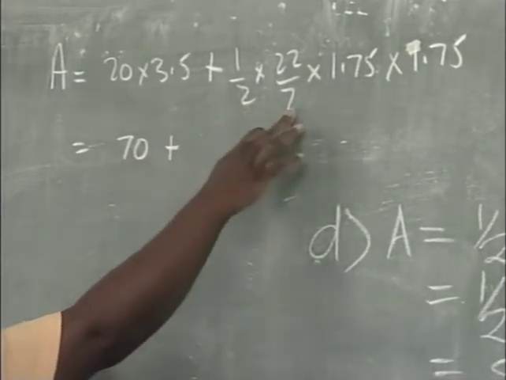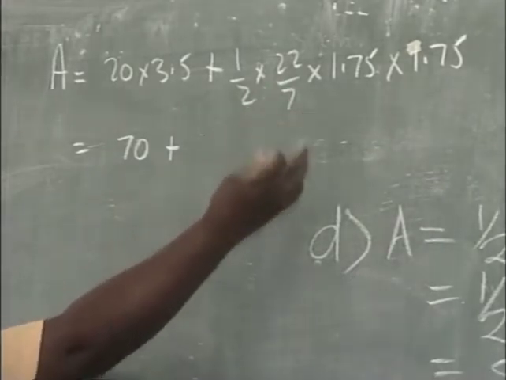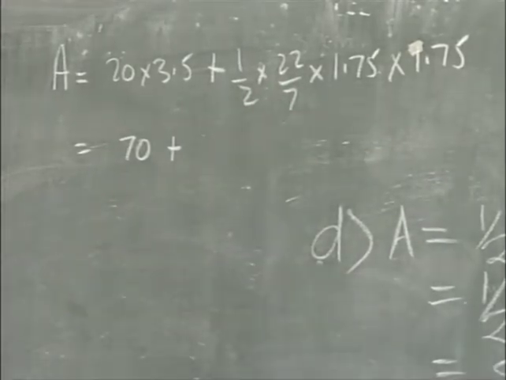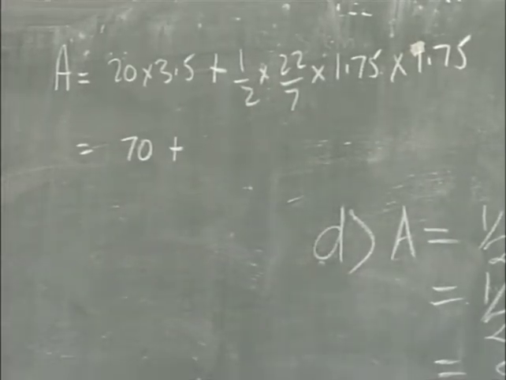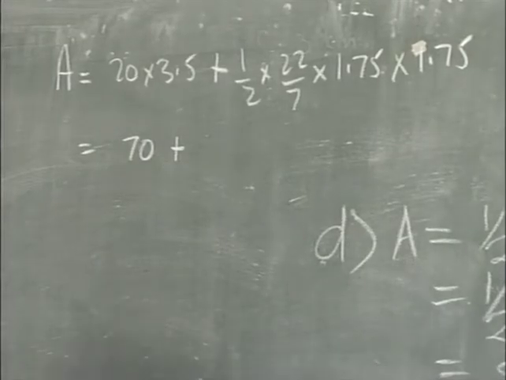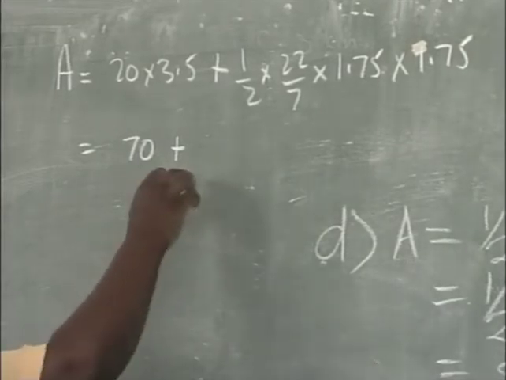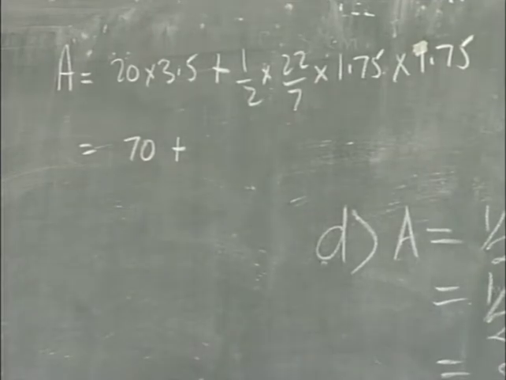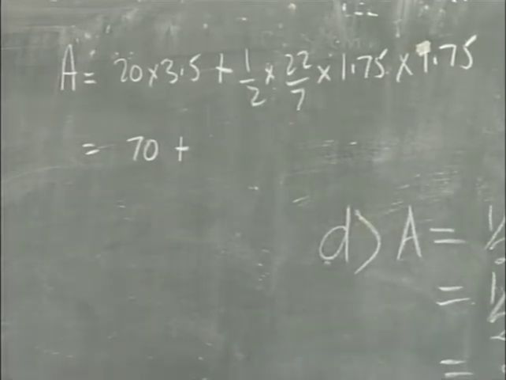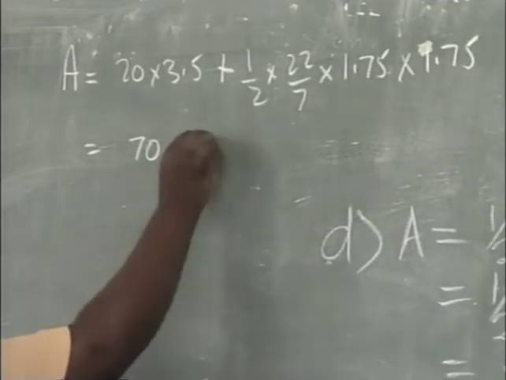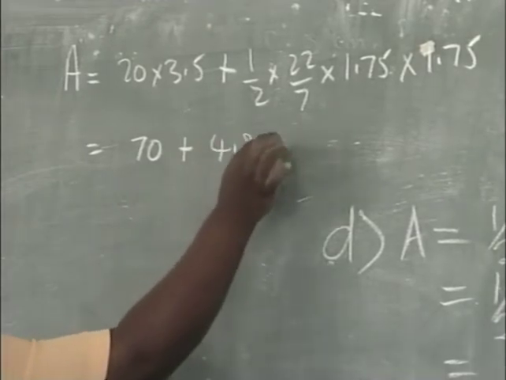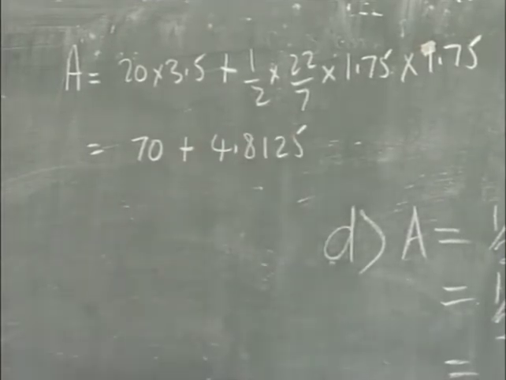I've got, okay, half of 22 on 7 times 1.75 times 1.75. What do I get? 4.8125. Do we have to do anything else?